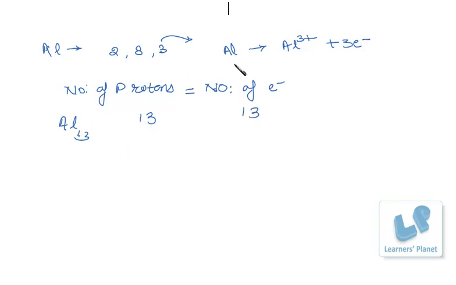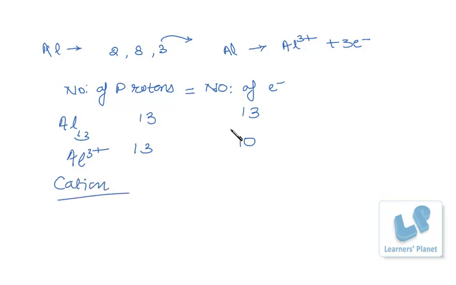Now when it has lost 3 electrons, the number of protons still remains 13, but the number of electrons has become 10. This aluminium ion has 3 positive charges more. So it has formed a cation.